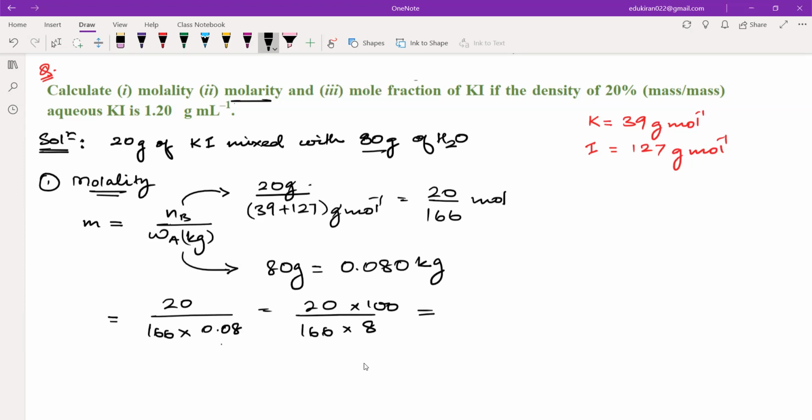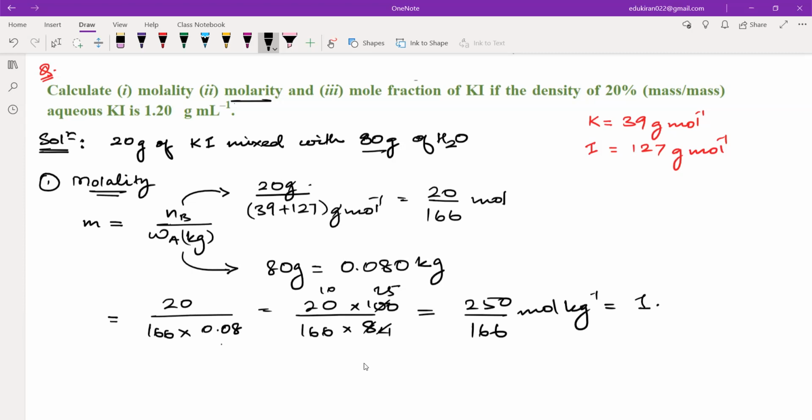So this will be 10, this will be 4, this will be 25. So this will be 250 upon 166 moles per kg. So 16 and 25, approximately 1 point.